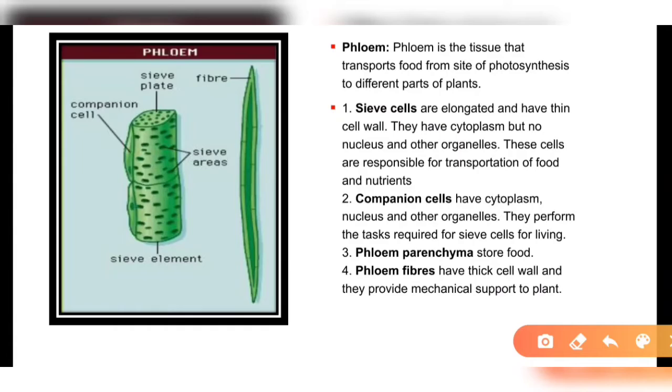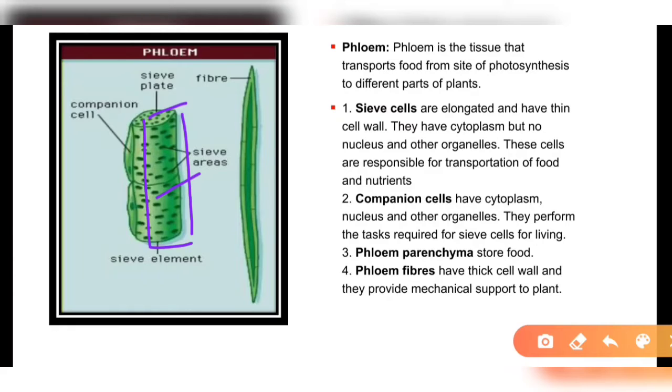Sieve tubes are long tube-like structures composed of several elongated cells placed end to end. Here you can see the sieve tube, and these cells are placed one after another just like the vessel members.